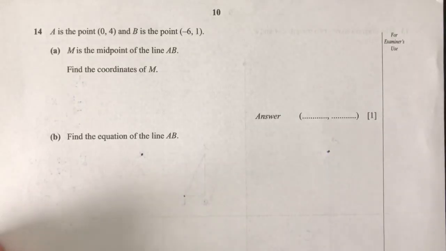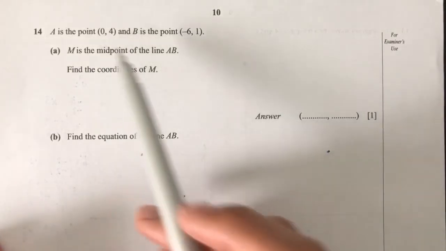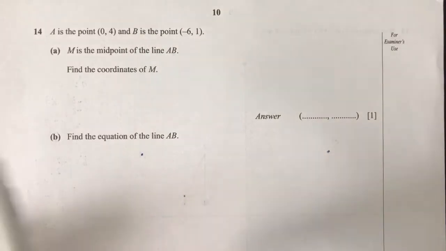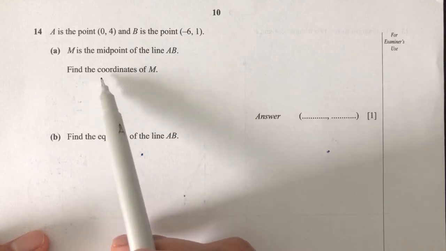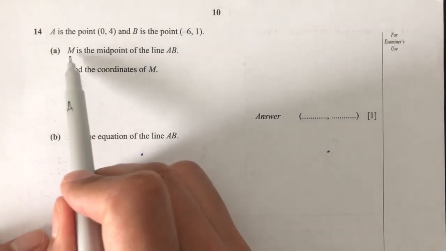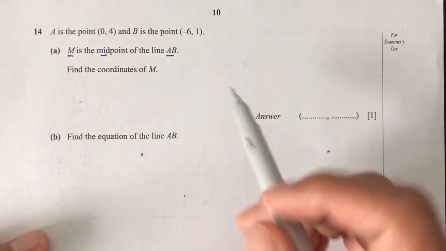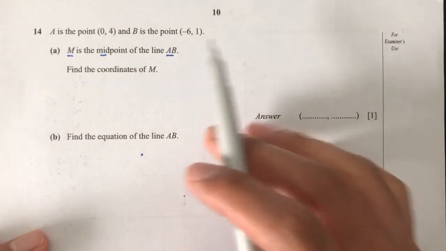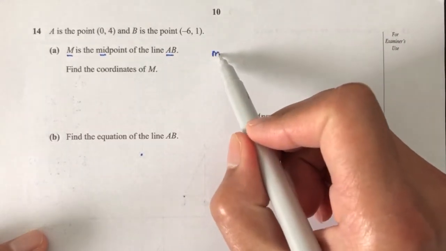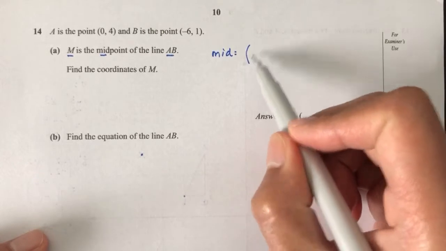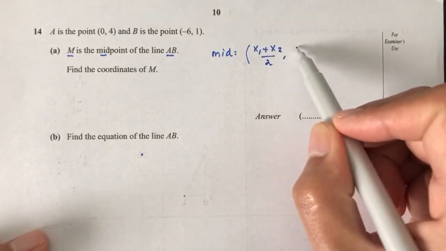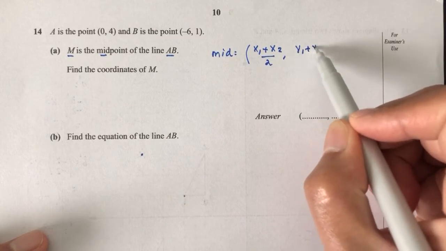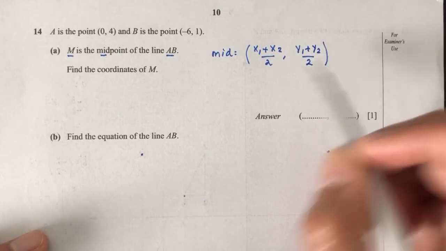Question 14. A is the point 0, 4. B is the point minus 6, 1. M is the midpoint of line AB. Find the coordinates of M. So how do we find the midpoint? We use a formula. The midpoint is x1 plus x2 divided by 2, then y1 plus y2 divided by 2.